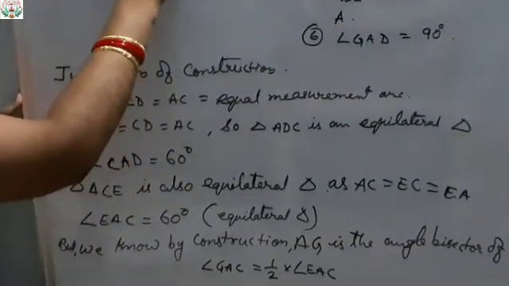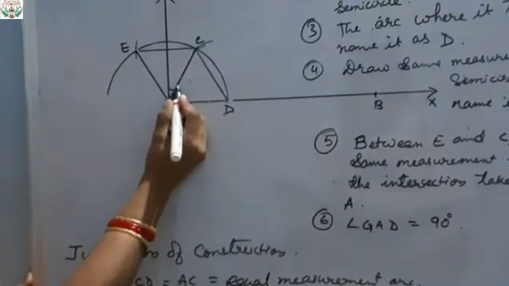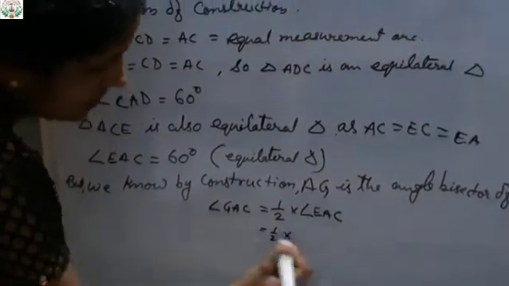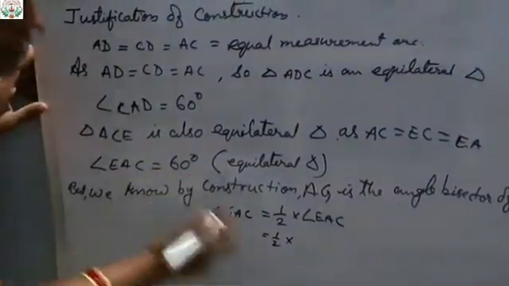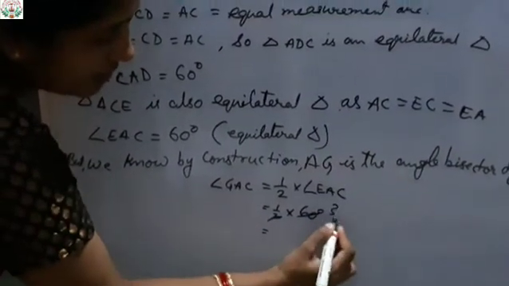Half of angle EAC, this one, this small angle is the half of the whole angle, right? So equals to what? Half into, this is what we have just written, 60 degree. So put 60 equals to what? 30 degree.